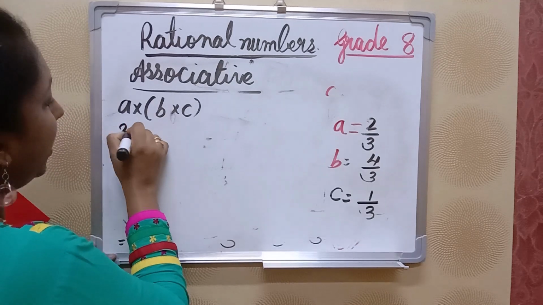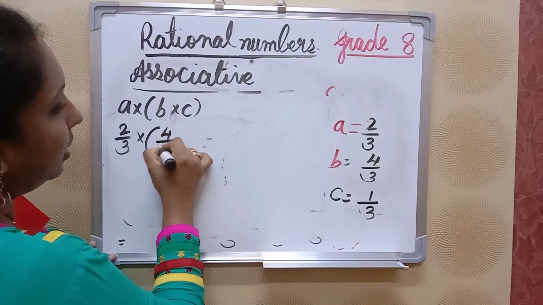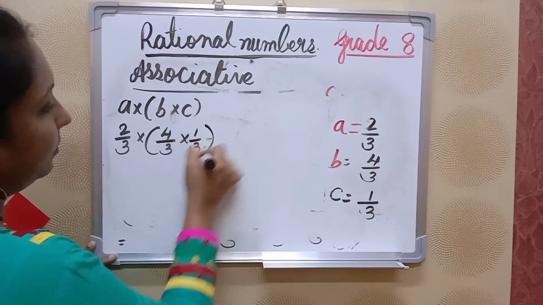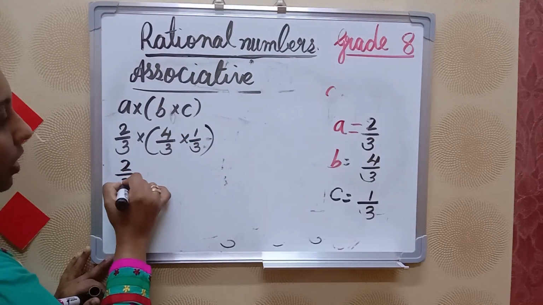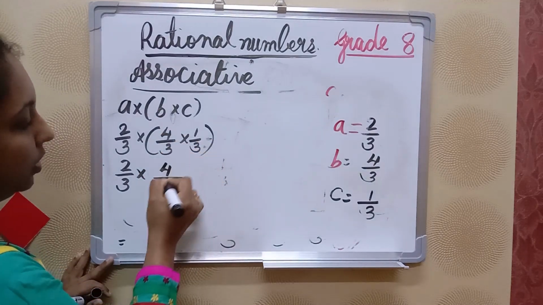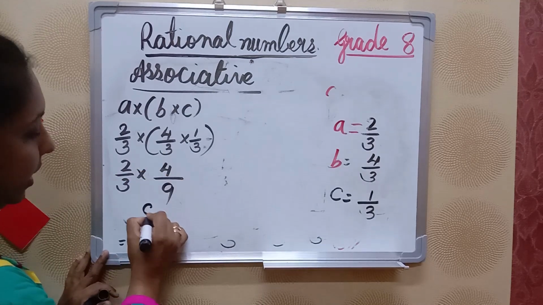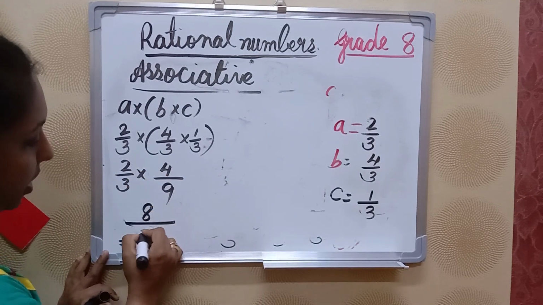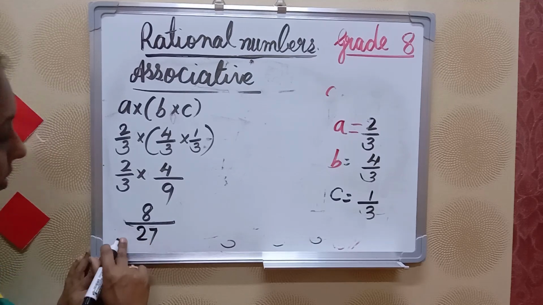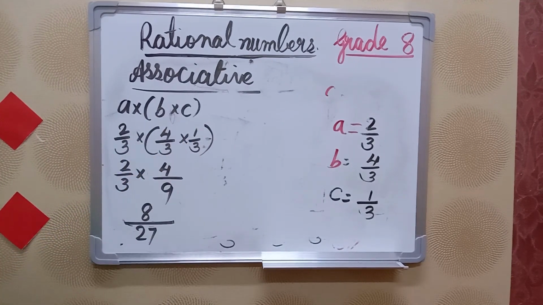That is 2 by 3 into 4 by 3 into 1 by 3. 2 into 4, 8. 3 into 3, 9. 3 into 9, 27. That is a × (b × c) = 8 by 27.